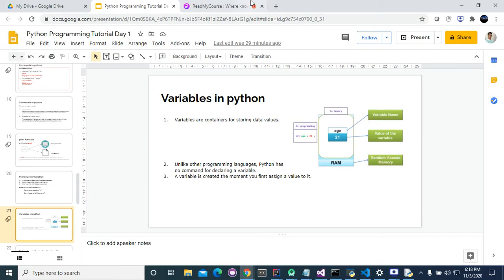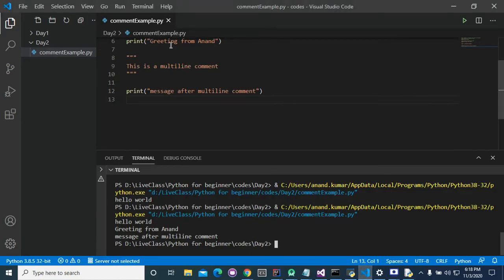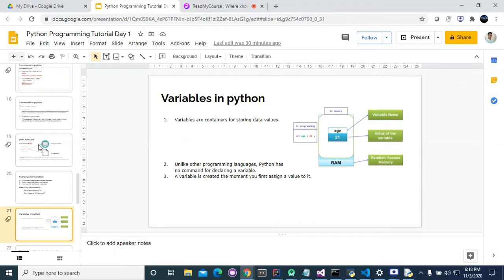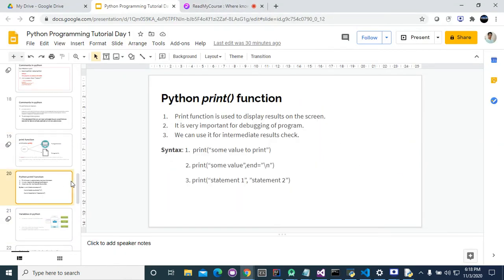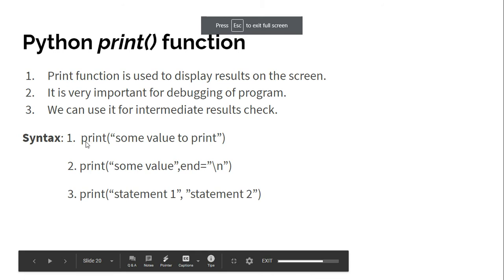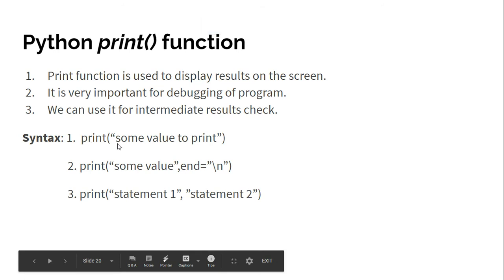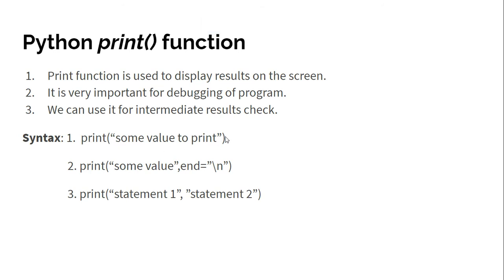Now I am giving you an example of the print function. I have already given you examples of the print function. The syntax of the print function is print, and you need to write the message inside double quotes.